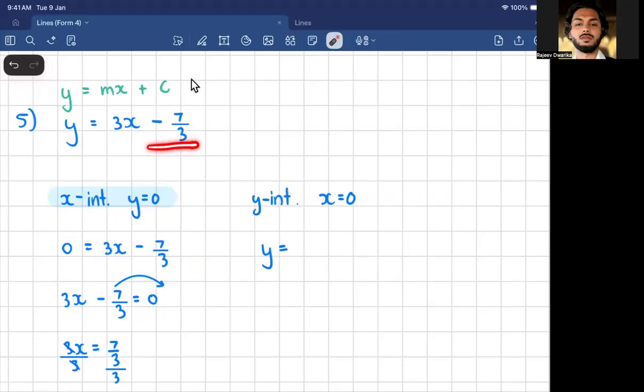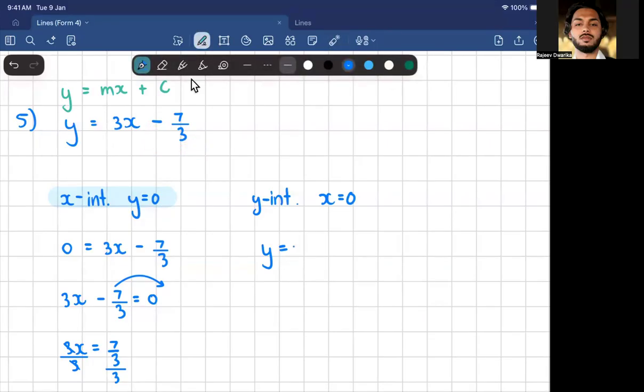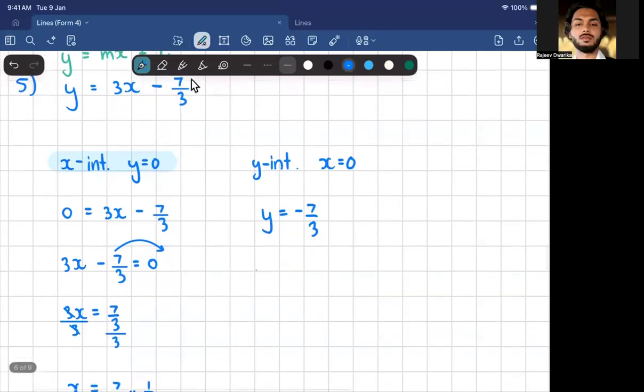So you said 7/3, which means positive 7/3. But we're seeing a negative here. So y should be equal to negative 7 over 3. Yes. All right. And to write the coordinate, I'm going to put the x value first and then the y value.